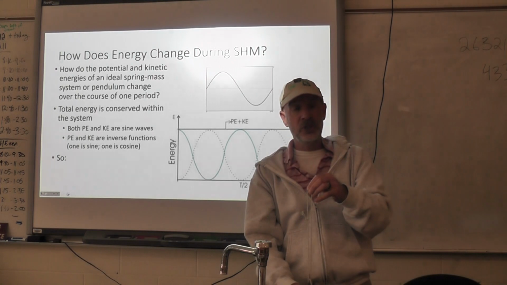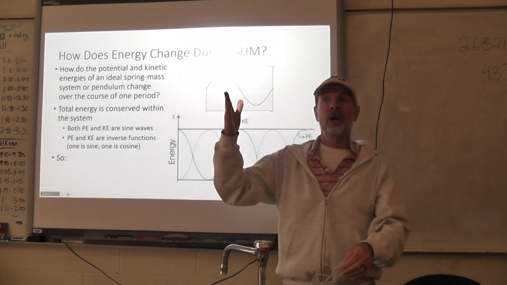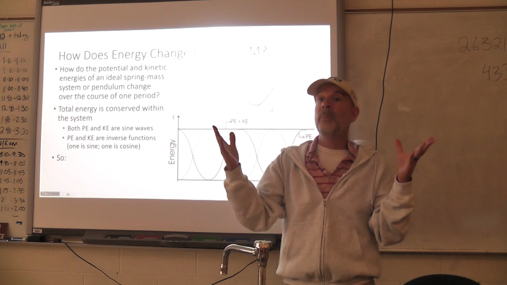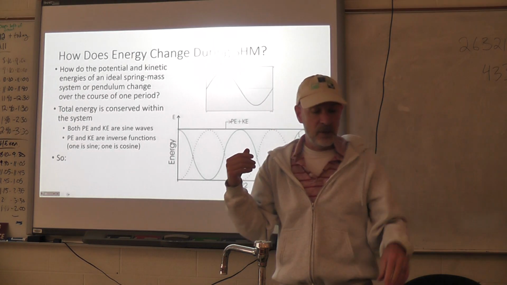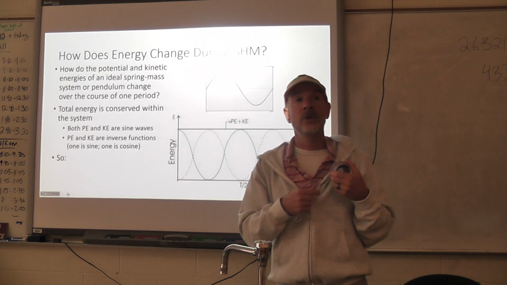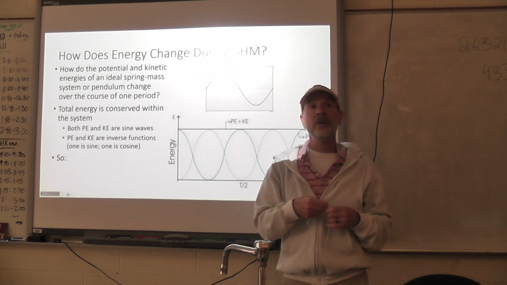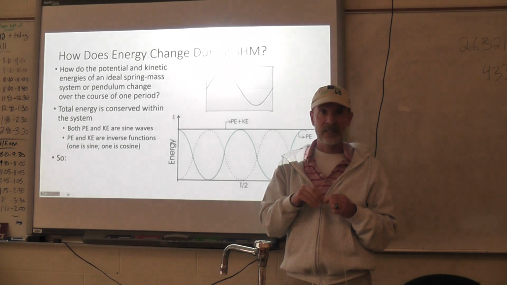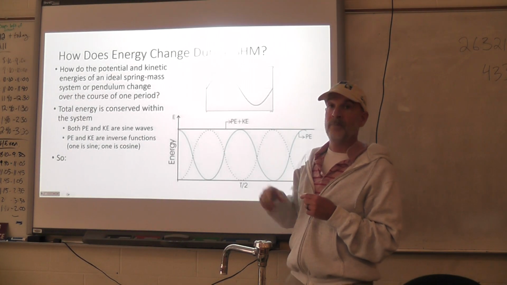There's either energy stored in the spring or all of the energy is in the moving object or it's combined. And you can pretty easily look at how that would play out in terms of graphs of the energy, and what you would find is that it's going to be sinusoidal.